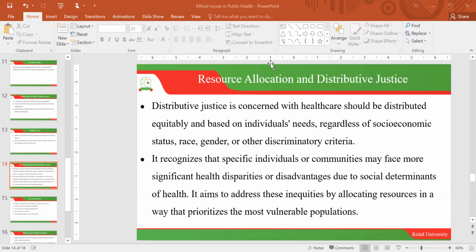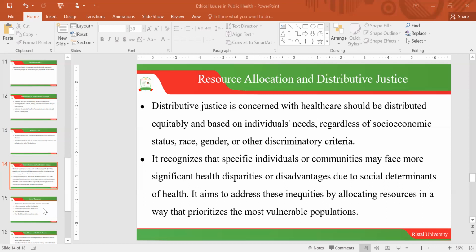At least they should have similar health outcomes. So it is very important to know that there are people who are worse off and they need a lot of resources in order for you to uplift their health outcomes. Those are principles related to what we call distributive justice. Resources should be distributed equitably and based on the needs of the population or individuals, regardless of who they are, where they are from, whether in terms of gender, race, or any other characteristic that can be discriminatory.